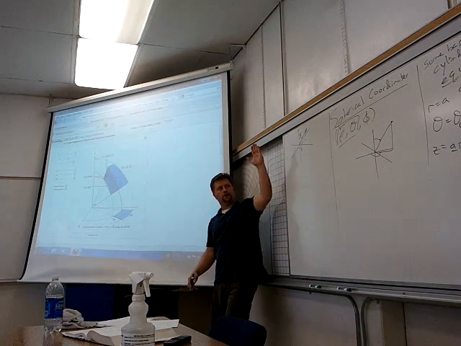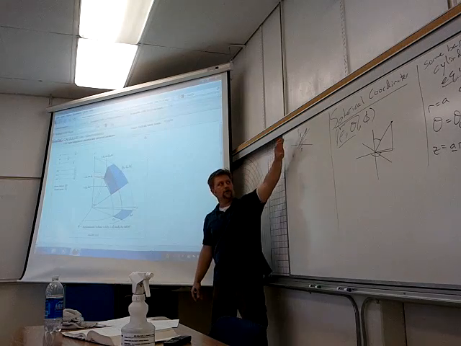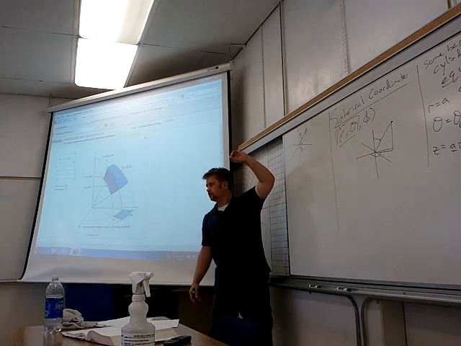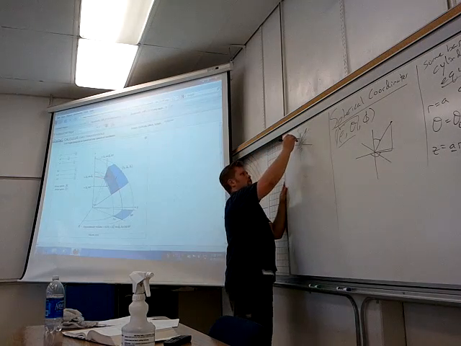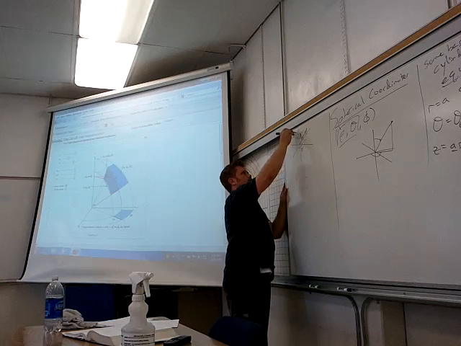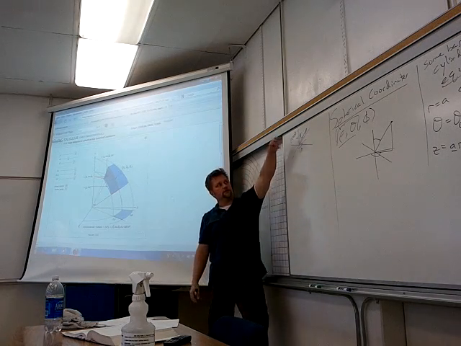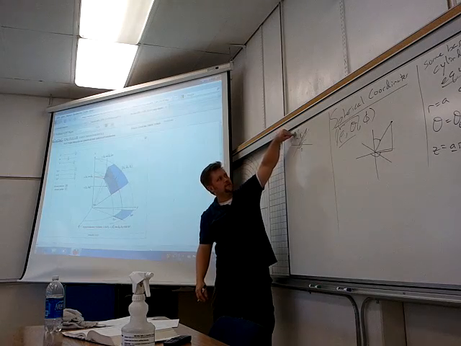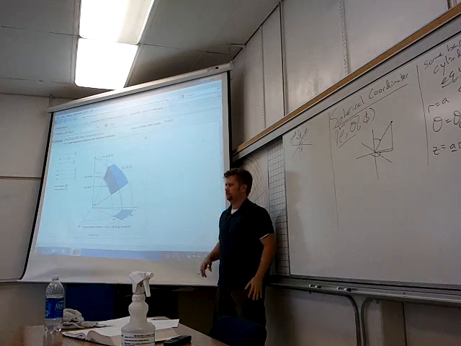Phi measures how much it has come down, phi is that angle. I want to know what that length there is. Yeah, this will be rho cosine phi. I've got my little right triangle here. This is the base, that's rho cosine phi.